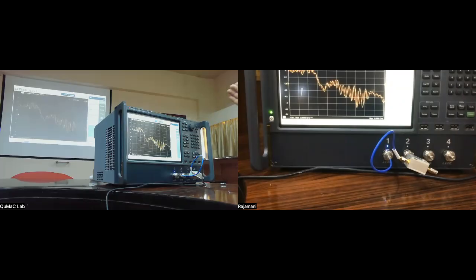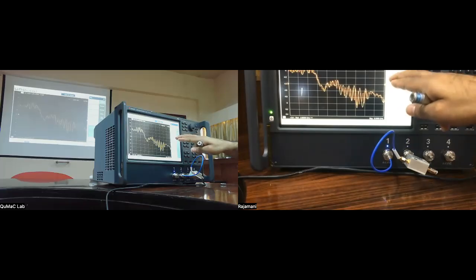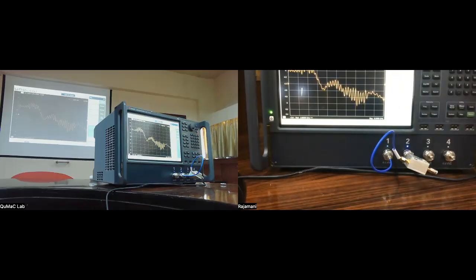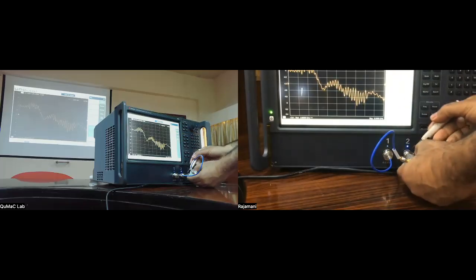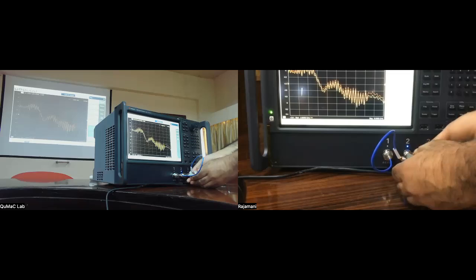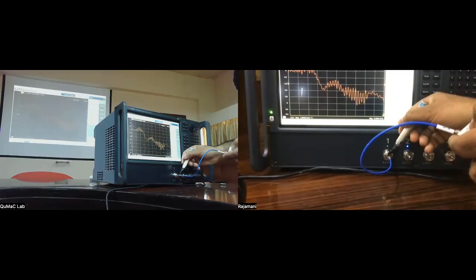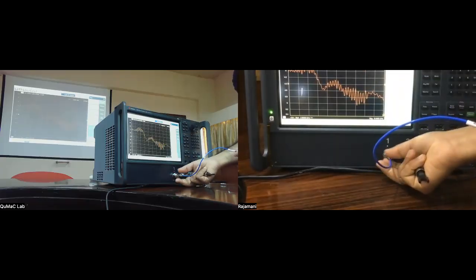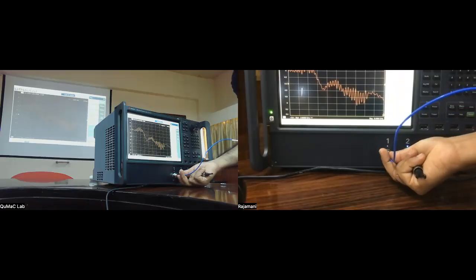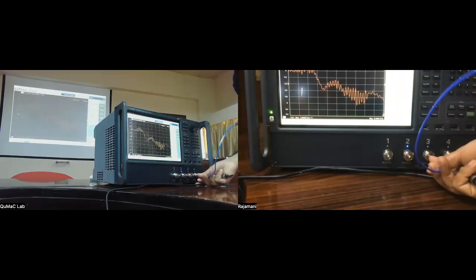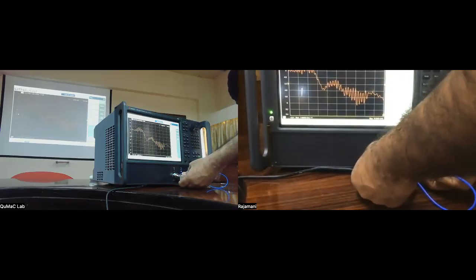So if there is something different going on in the network analyzer, that can give rise to small changes in this thing. What I'm saying now is, I will go back to S21, but I will just interchange these connections here so that the common port is connected to port 1 of the network analyzer, and the transmitted port is connected to port 2 of the network analyzer.